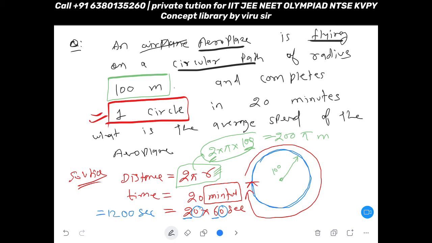Don't be confused. The unit of distance and the unit of circumference are the same, because circumference is a kind of distance, right? Okay, so now we can solve the numerical. 200 pi.